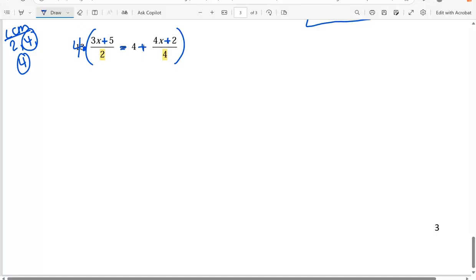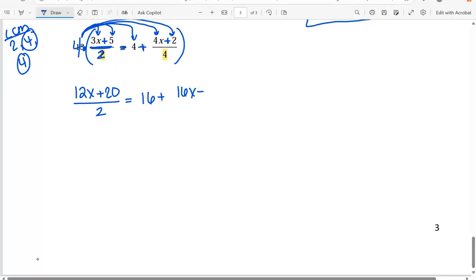So what that means is 4 times 3x, 12x, plus 4 times 5. And that entire thing had a fraction. Equals 4 times 4, 16, plus 4 times 4x is 16x. 4 times 2 is 8. And this entire thing had a fraction.